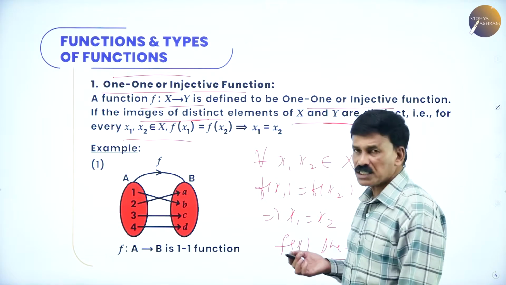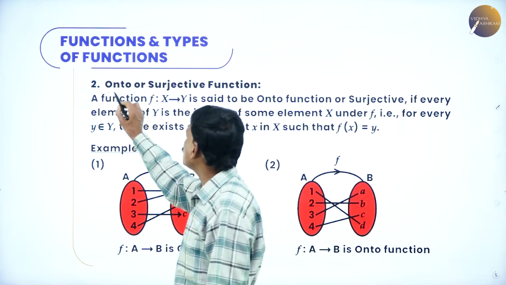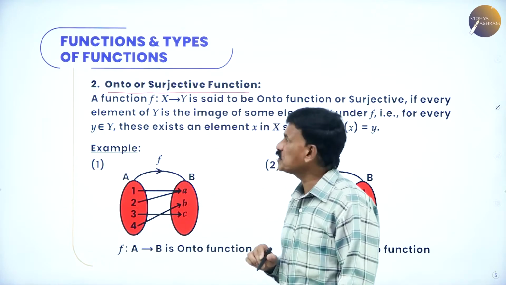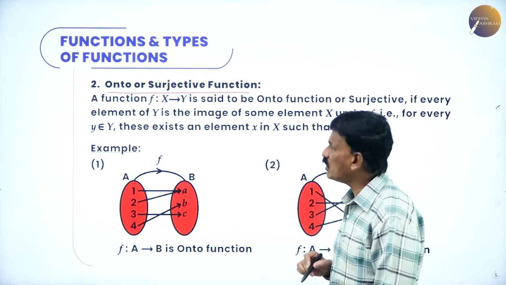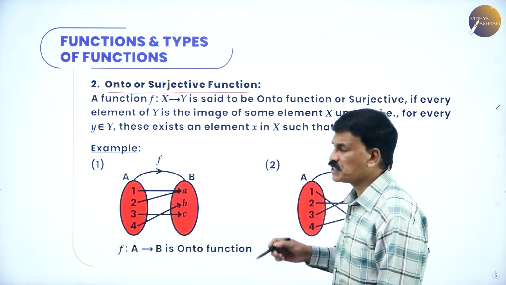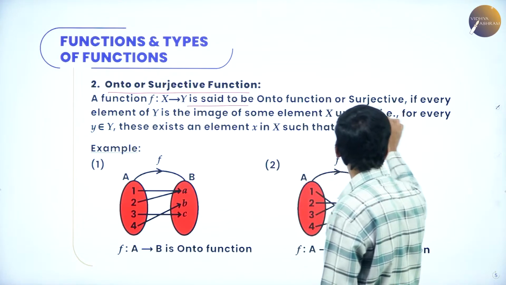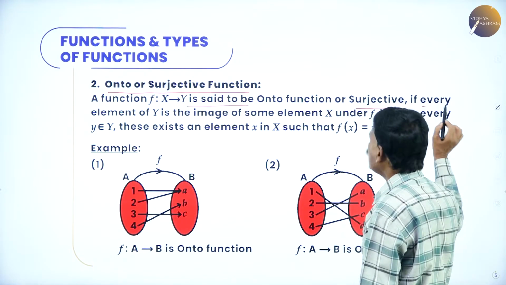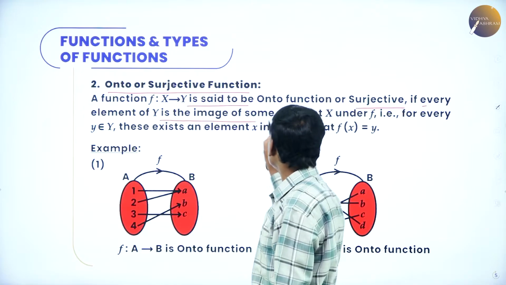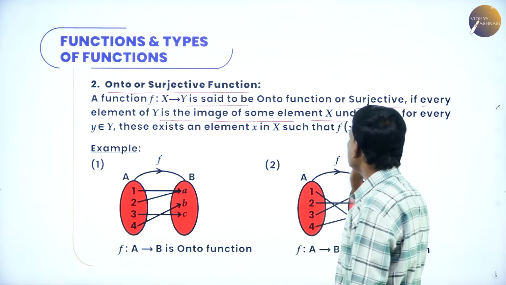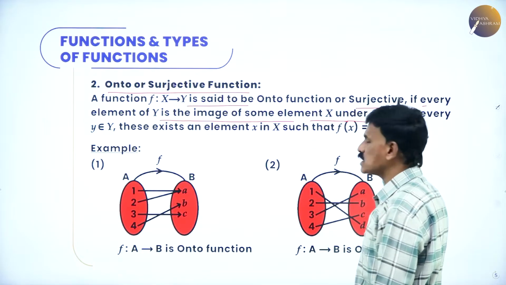Now, let us come to the next one, that is an onto function, or it is also called a surjective function. A function f from X to Y is said to be an onto or surjective function if every element of Y is the image of some element of X under f. This is an important point.